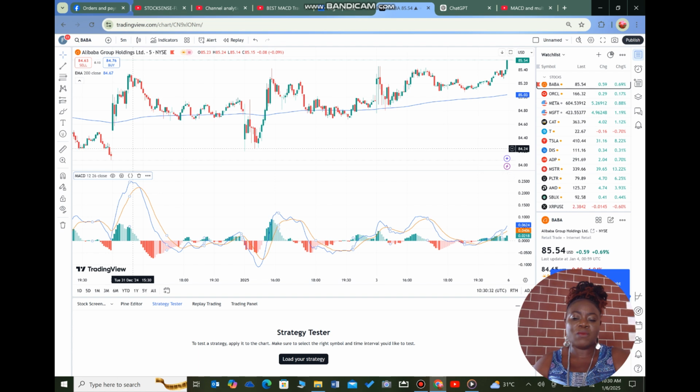If you look here on the MACD chart, you see the histogram is building up, building momentum very strongly. You can see the bars building up green over here, and you look at the MACD line also crossing over the signal line.